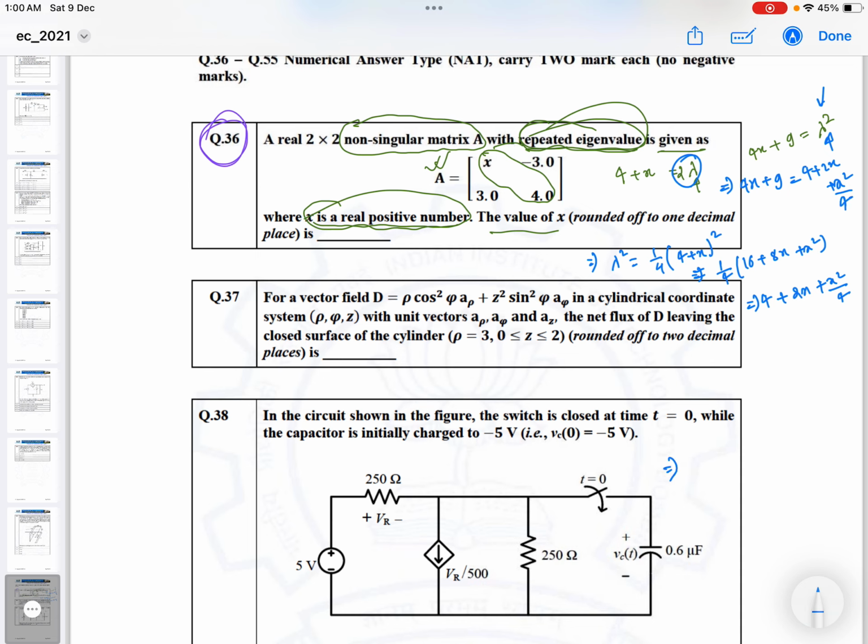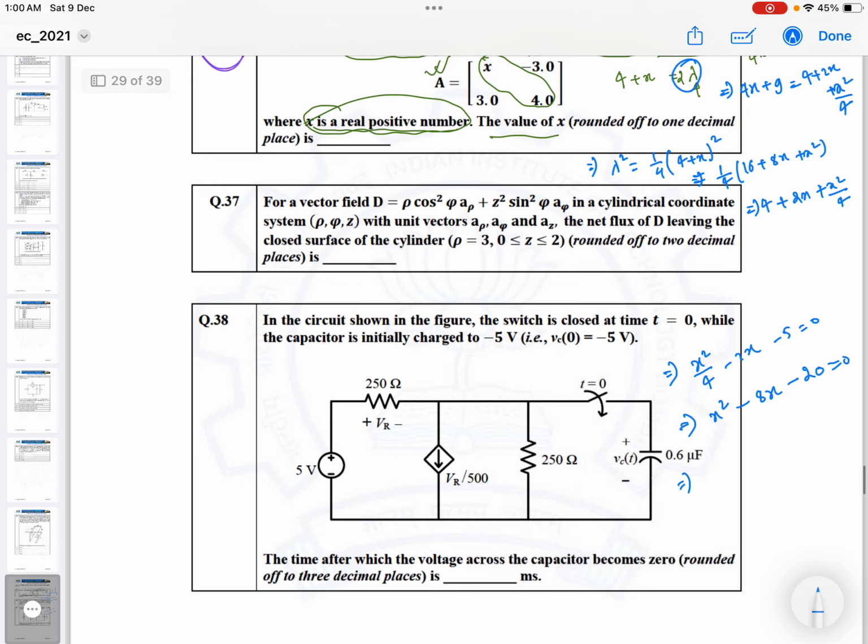Now we can simplify. We will have x square divided by 4 minus 2x minus 5 is equal to 0. So here we will have x square minus 8x minus 20 is equal to 0.